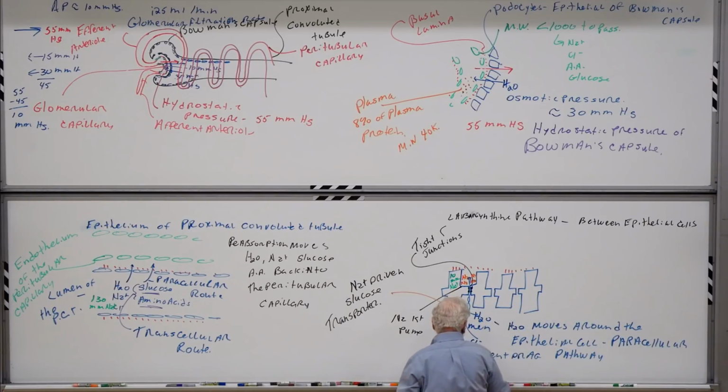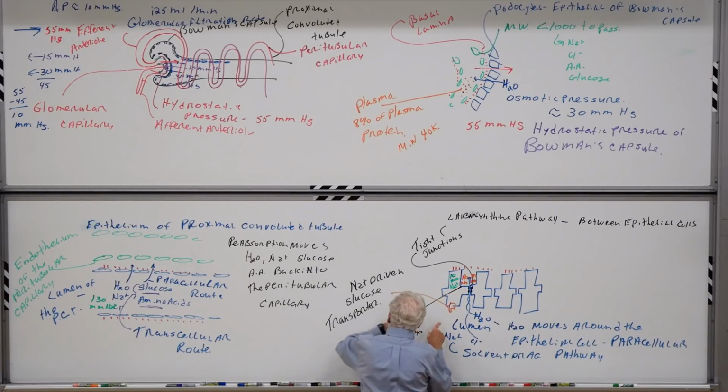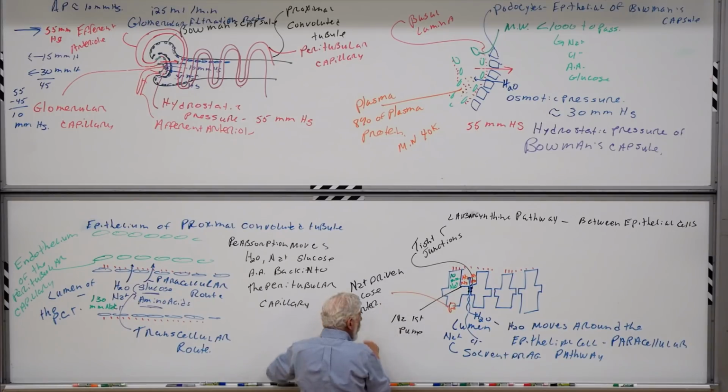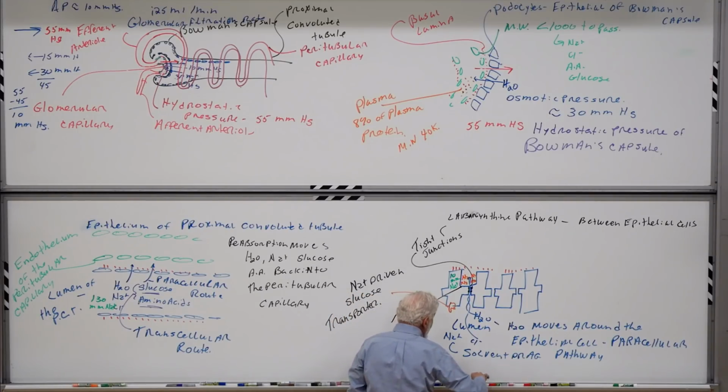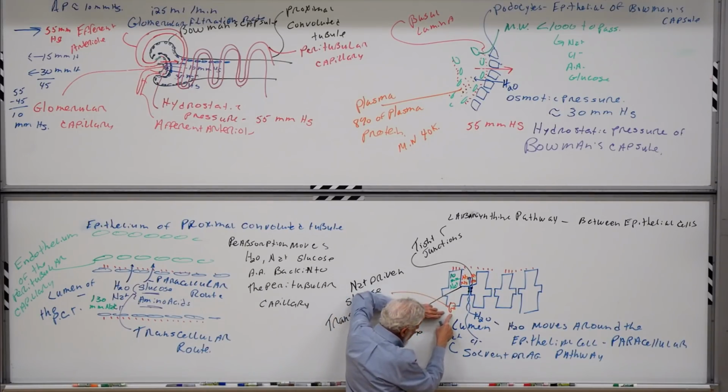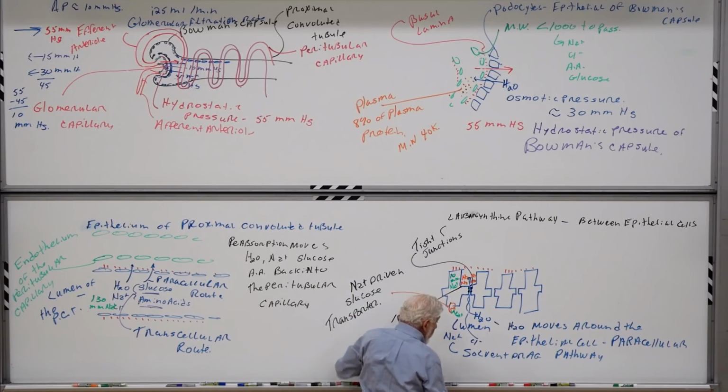So you have a pretty good gradient. And what we're going to do is use that gradient in such a way that these sodium-driven co-transporters will, in the lumen, bind an ion of sodium and simultaneously bind a molecule of glucose.